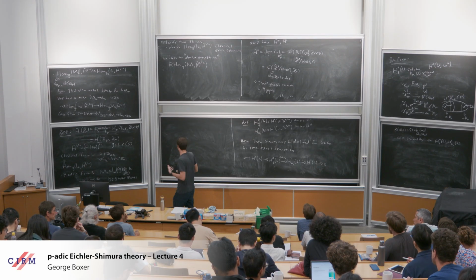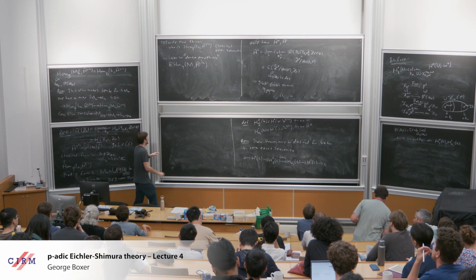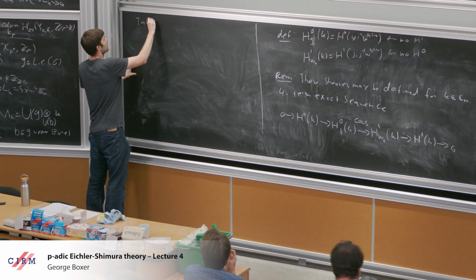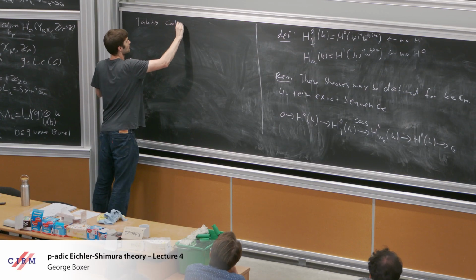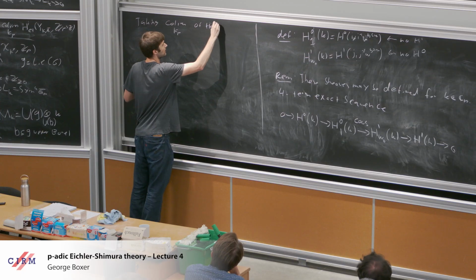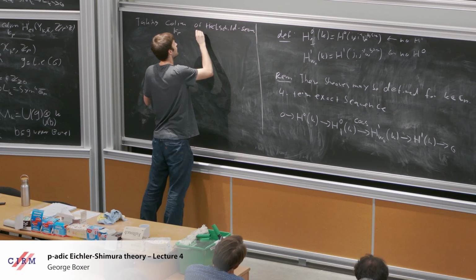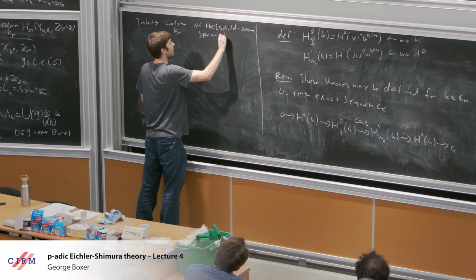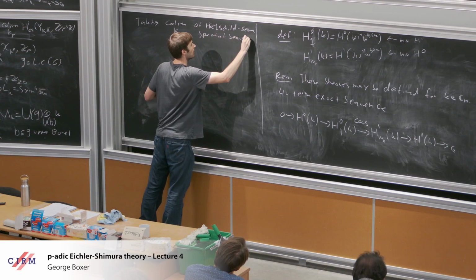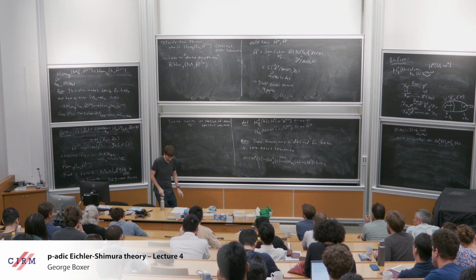Okay, and so last time I explained this Hochschild-Serre spectral sequence, and if we take the colimit over Kp of the Hochschild-Serre spectral sequence from last time, you get another similar looking spectral sequence, which I really should have written last time.